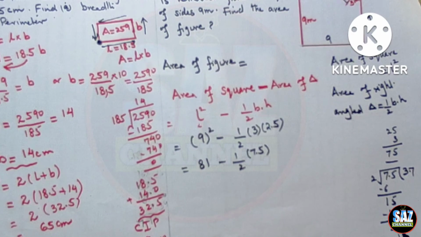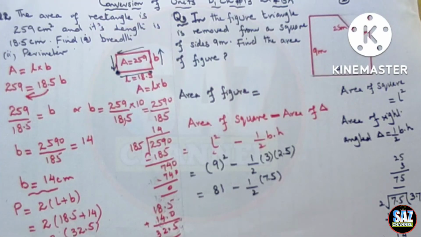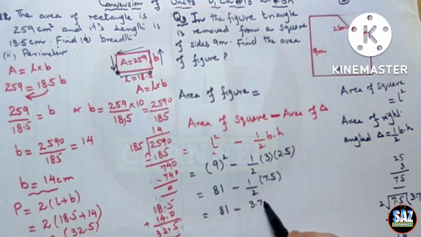So 3.75. I hope junior students are really clear how we are performing the calculations. And for senior students, those who have to appear in their O-level examination, for P1 it's really important to understand. So 7.5 divided by 2 is 3.75.